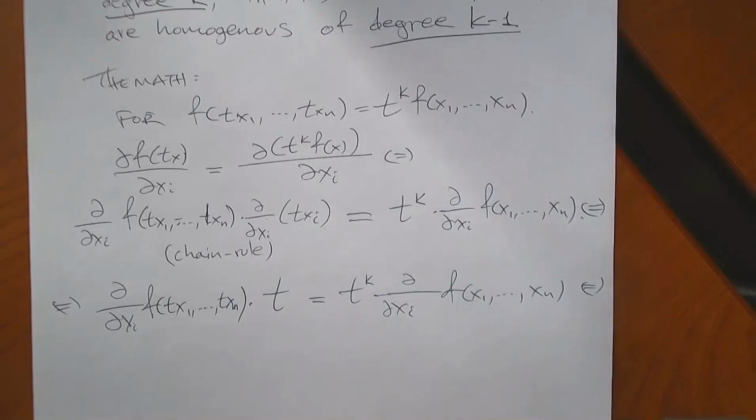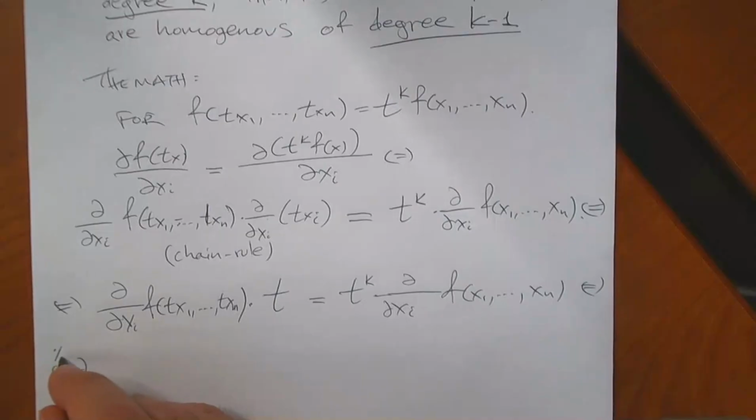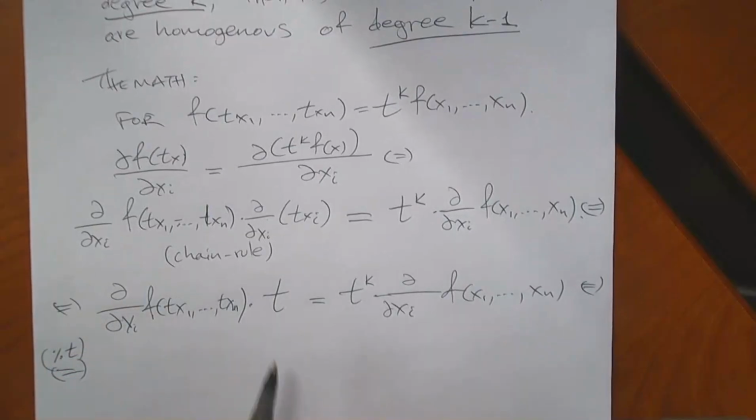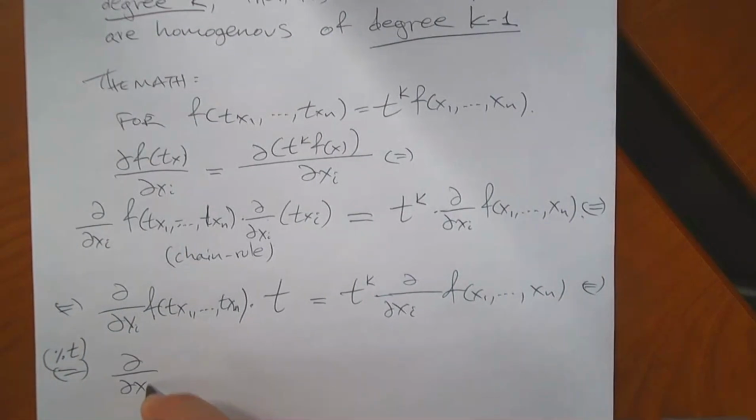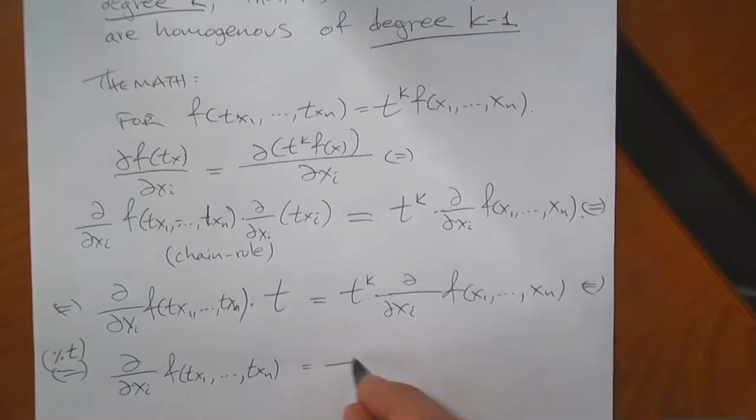Now the next and last step is to divide by t, because we want to get it out of the picture over here; we simply want to have this partial derivative. So we're going to say del xi of f of tx1 to txn is equal to, if we divide by t, that t goes away on the left-hand side. T to the power of k divided by t is t to the k minus 1.